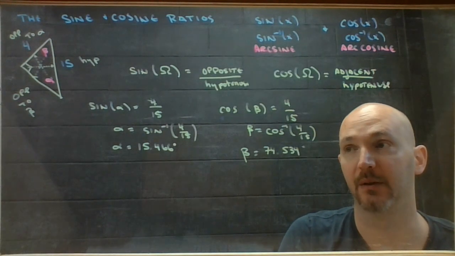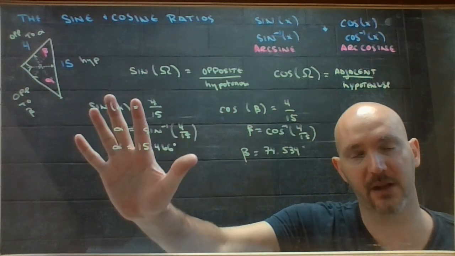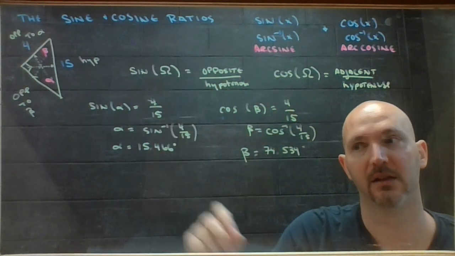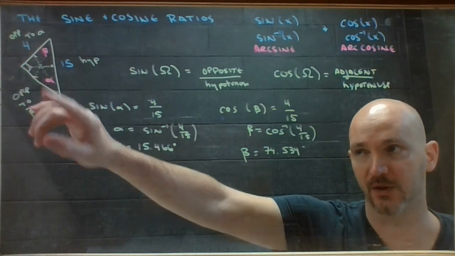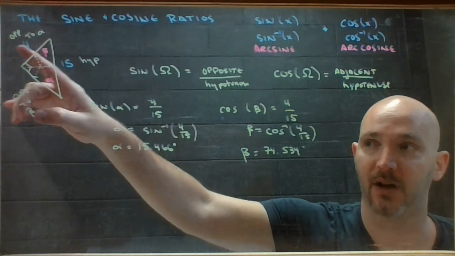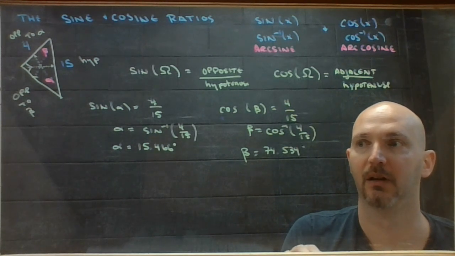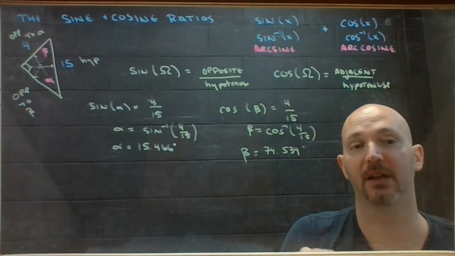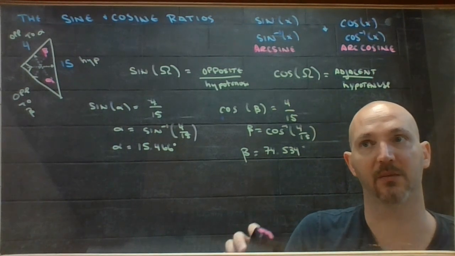But that just creates more work. When you already have buttons on your calculator to do this, and if you can set up opposite over adjacent, then you can definitely set up opposite over hypotenuse. It's not that hard. So I'm going to clean this off, and we will try an example of finding sides, and then I think you're good for the practice problem.